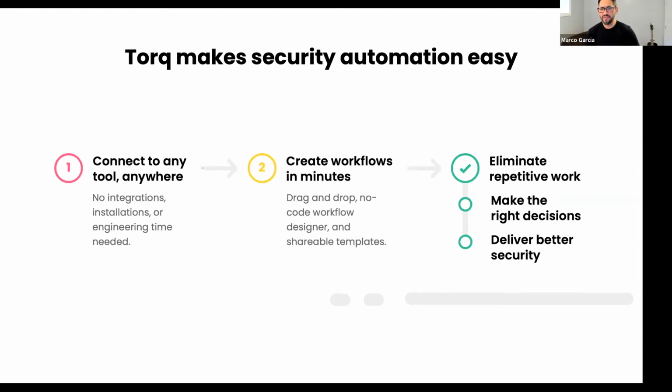Number two, simplicity. Being no code and using our workflow designer, we provide a very fast time to value. Our users are able to create production-grade workflows within an hour or two, and not months and months like other solutions. Number three, eliminate repetitive work, which allows your team to focus on the right priorities, like delivering better security.